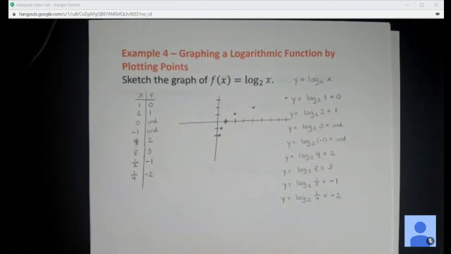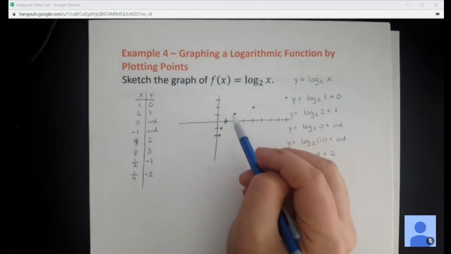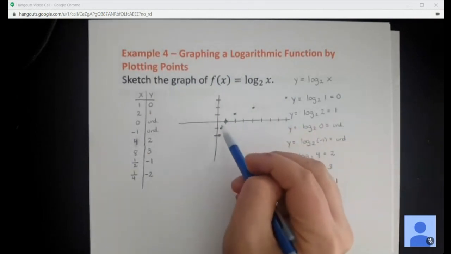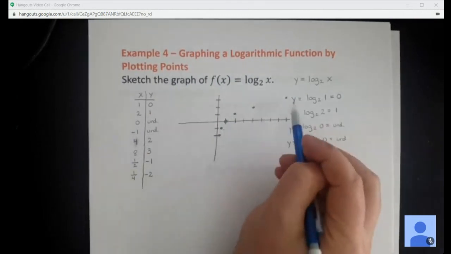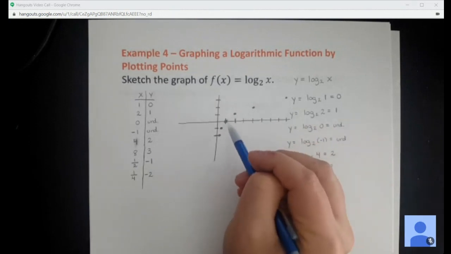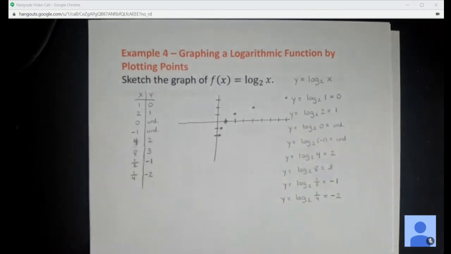So what's happening here? What do you notice? We have this piece of our graph up here, but we do have some points down here in the negatives now. So what's actually going to happen as I get closer and closer to 0?